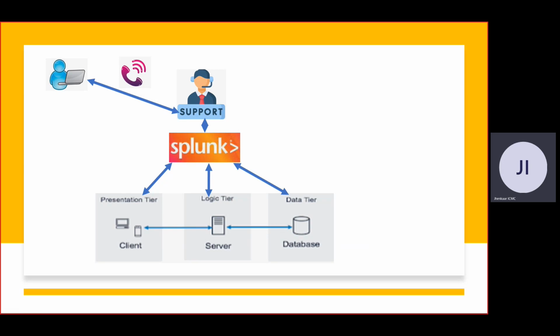For example, your organization is ABC. For your ABC organization, I am getting all the application server logs and storing them on a Splunk component. And I'll give access to these people so that they will have the necessary information right away.